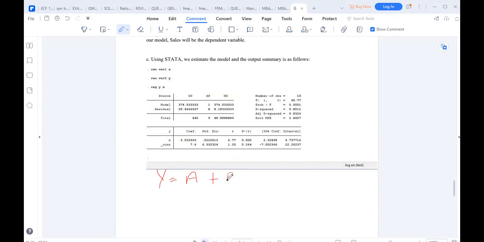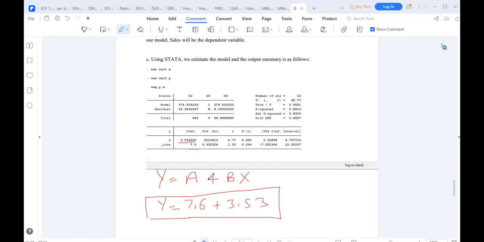From here, the coefficient of x is 3.53 and the constant is 7.6. So you can write the regression equation as 7.6 plus 3.53x. This output analysis is what your lecturer wants you to learn how to interpret.